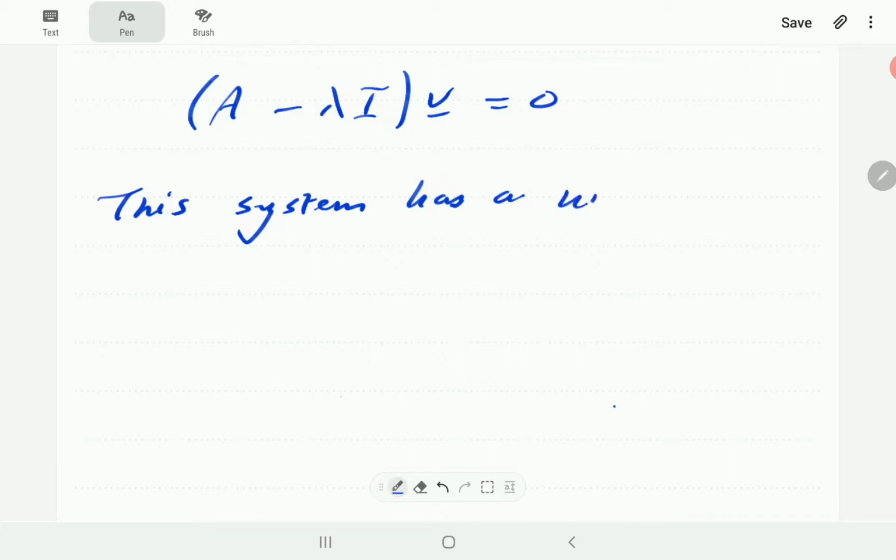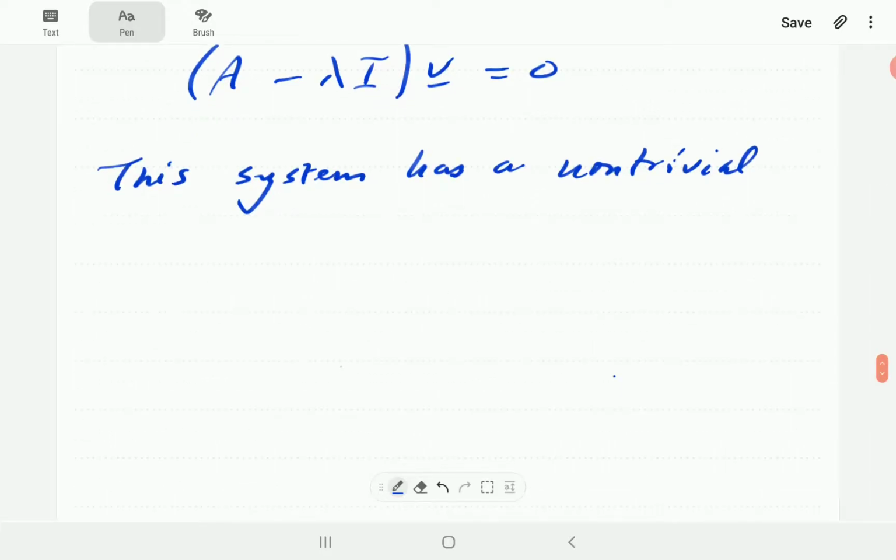It's a trivial solution if you have all the variables being equal to 0. Let's call it 2.